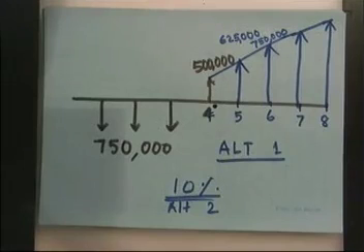Under what circumstances should you go for alternative 1? It is in those situations in which you find that the rate of return is more than 10%. If you find that the rate of return is less than 10% in alternative 1, then there is no point in going in for such kind of investment.